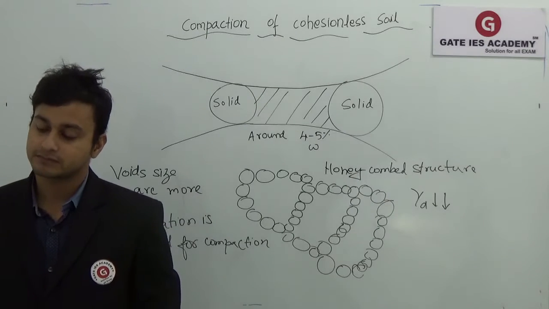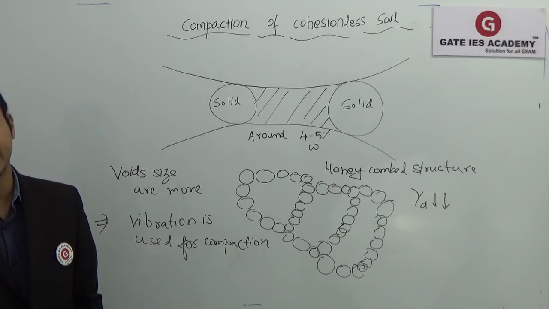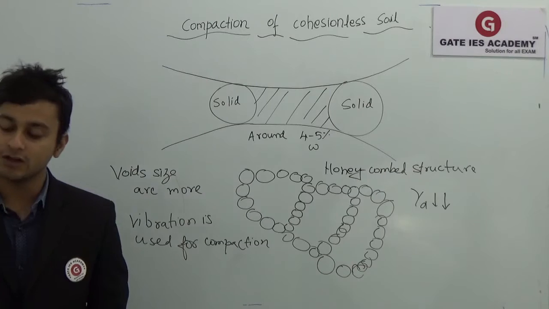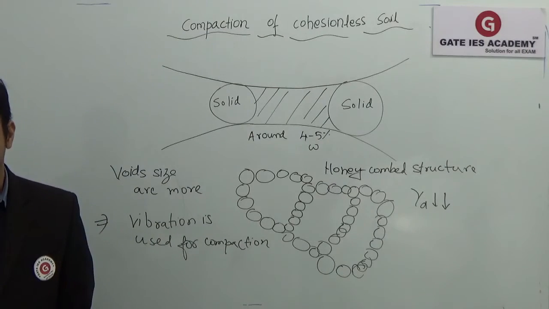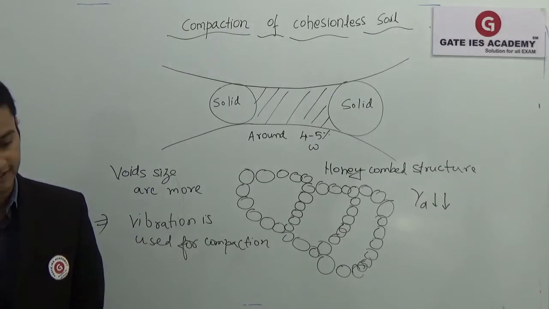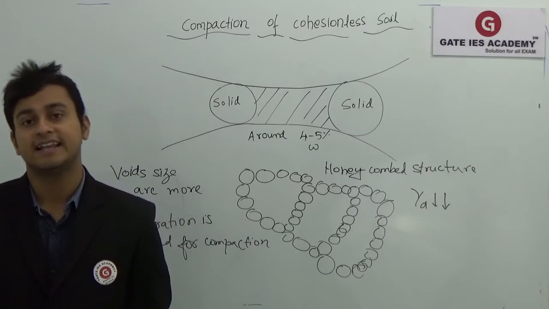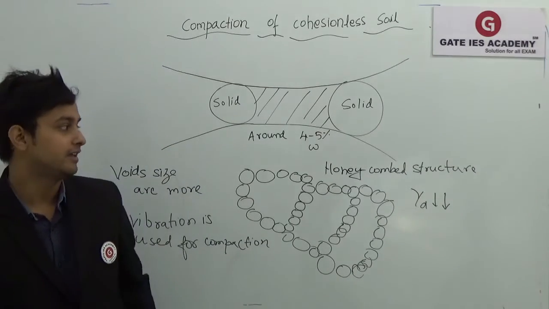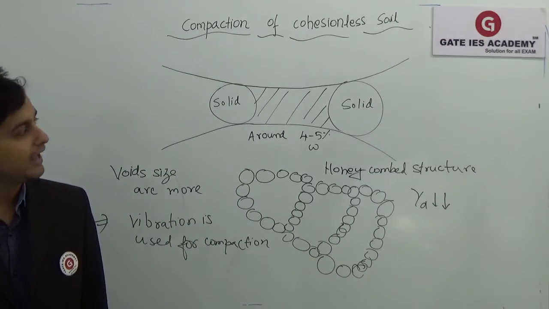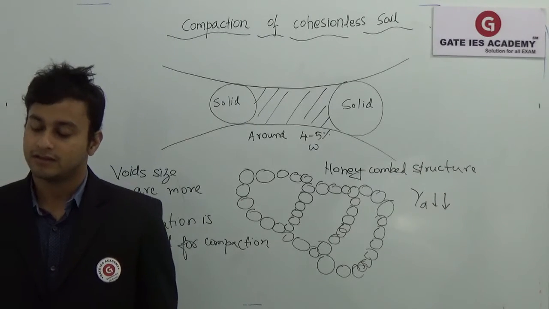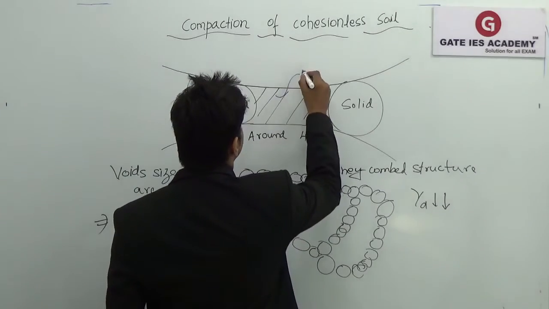Next, write down: as the moisture content is increased from the dry condition, bulking of sand occurs at around 4 to 5% moisture content, leading to minimum dry density, and when more water is added, the capillary meniscus, this is called the capillary meniscus, breaks.